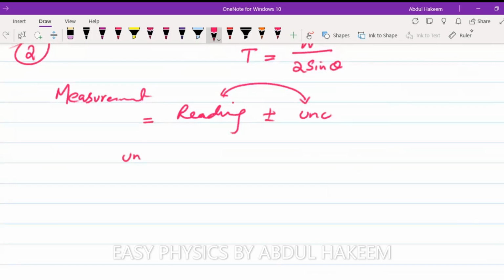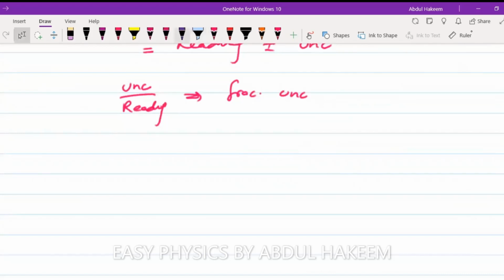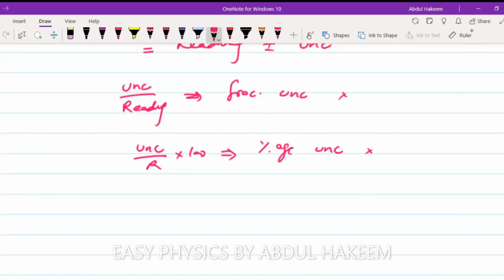But when uncertainty over reading is calculated, this is called fractional uncertainty. And when uncertainty over reading multiplied by 100 is calculated, this is called percentage uncertainty. Fractional uncertainty and percentage uncertainty have no unit.